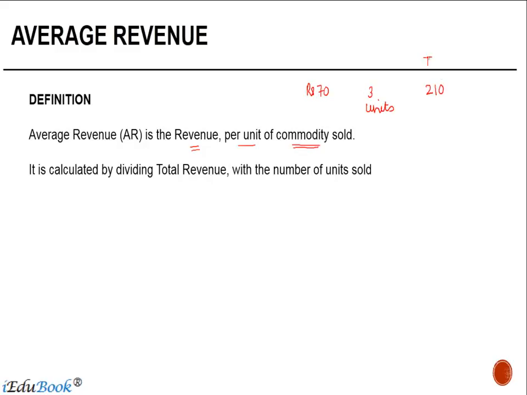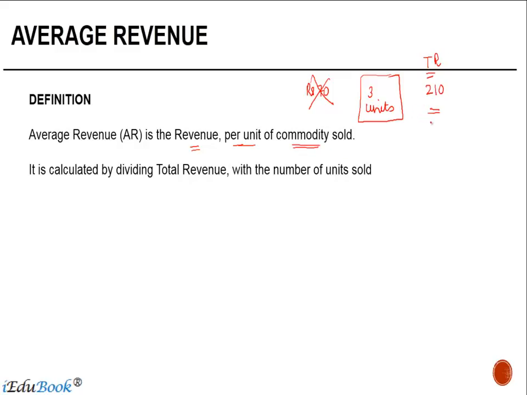The total revenue that we got was 210, right? Suppose this number was not given to you and you were told we've got a total revenue of 210 by selling 3 units of commodity. What is the average revenue? Then average revenue is the price which is realized, the revenue which is realized per unit of commodity sold, right?